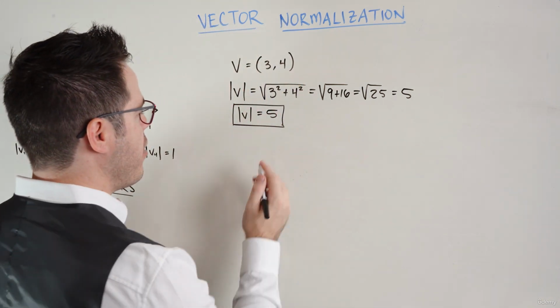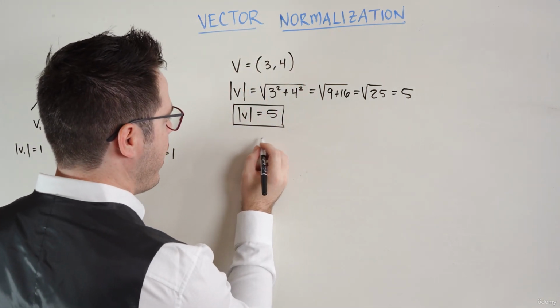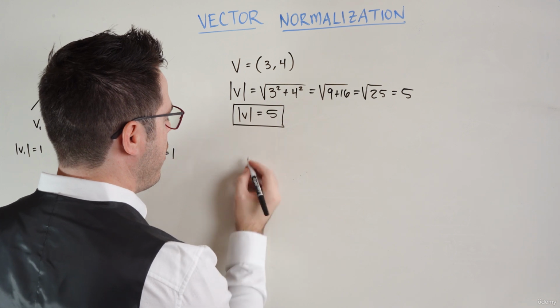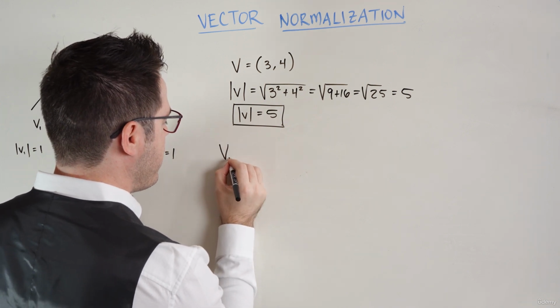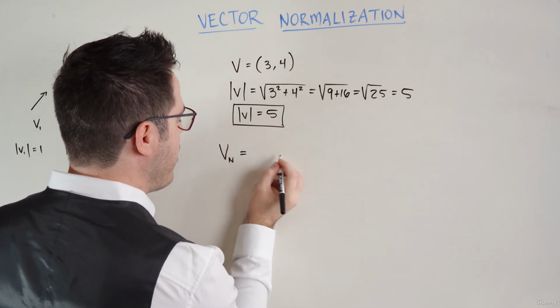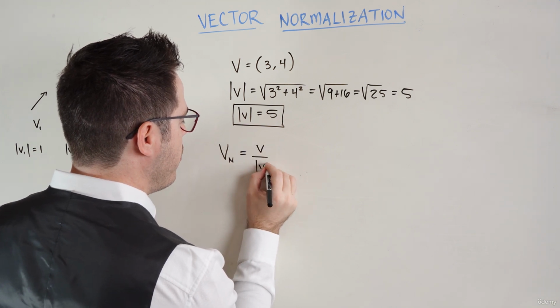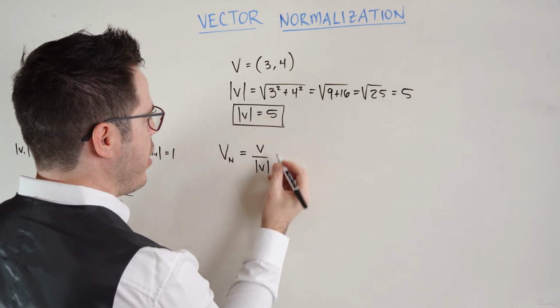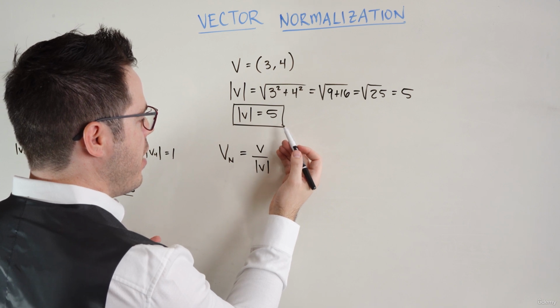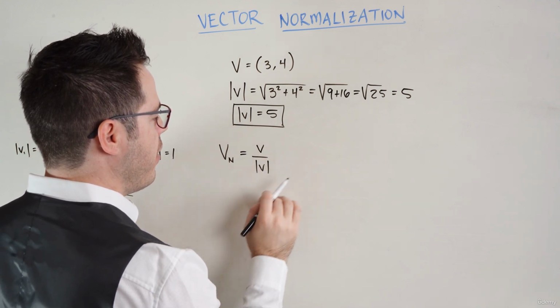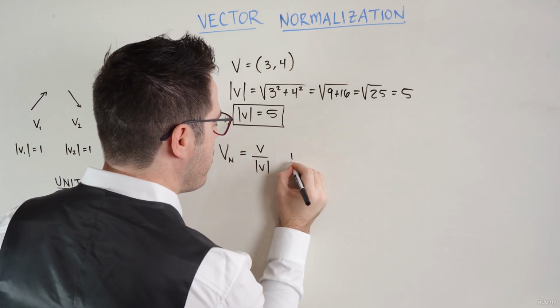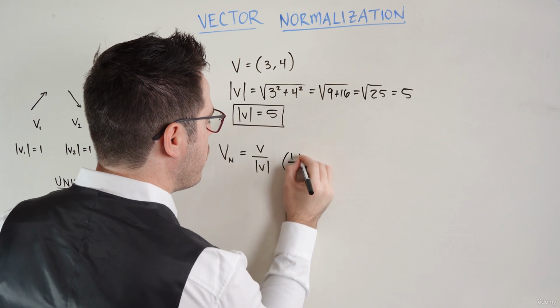We do that by dividing by its magnitude. In other words, the vector that is normalized is equal to that vector divided by its own magnitude, which in this case is 5. And to divide a vector by 5, we simply need to multiply by 1 over 5.